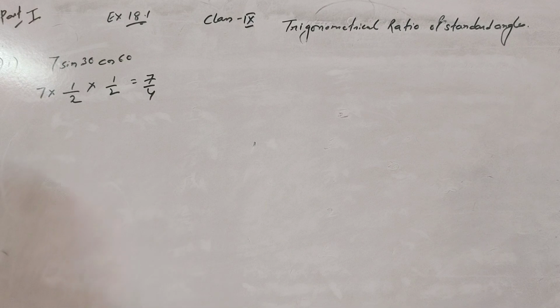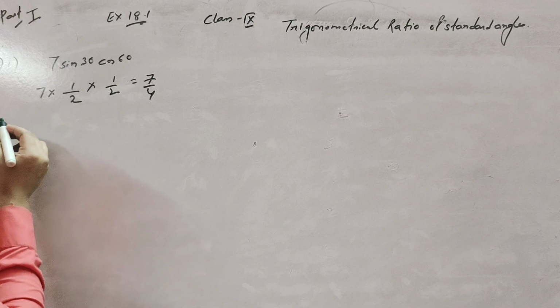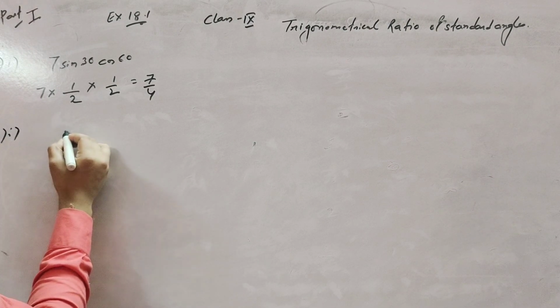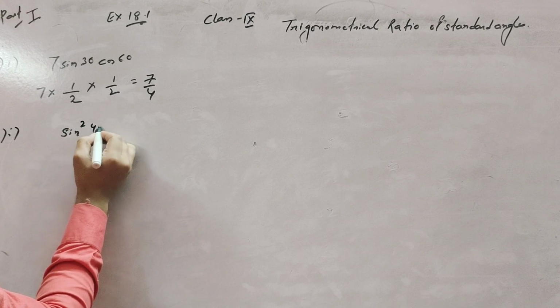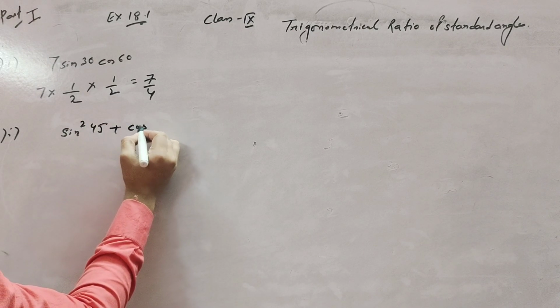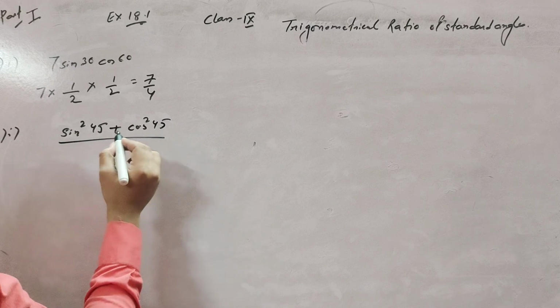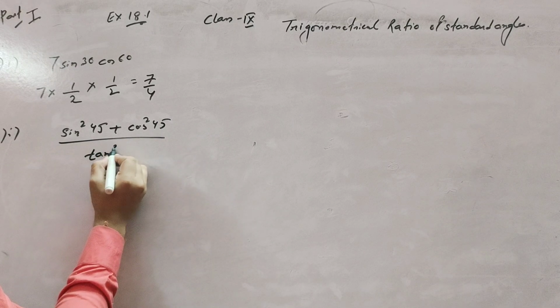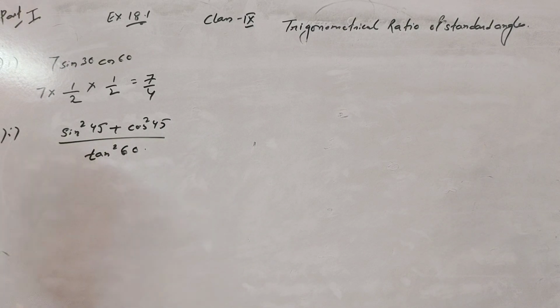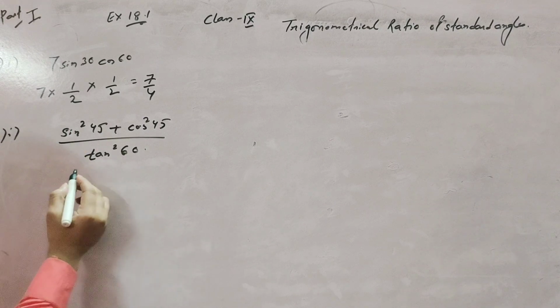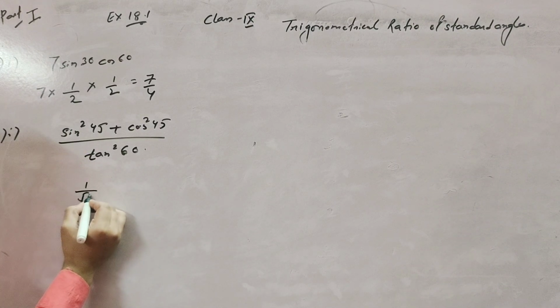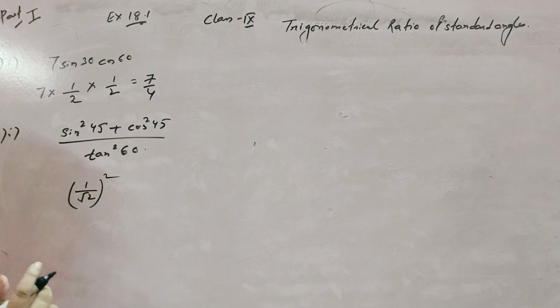Okay, try one more, that is 2 subpart 1, sine square 45 plus cos square 45 by tan square 60. Sine 45 value is 1 by root 2 and square is given.